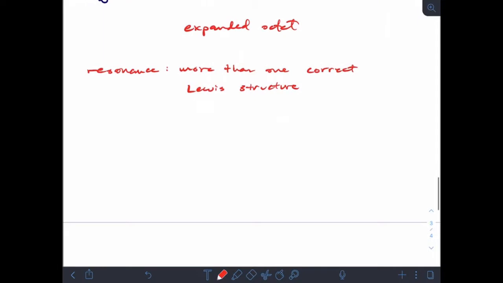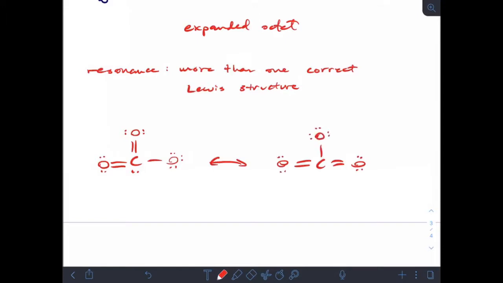I can also have, so let's draw that real quick. I can also move the double bonds in different positions and have still correct Lewis drawings. Or let's try a different version actually. Let's put them on the sides. Okay, both of those drawings are correct.